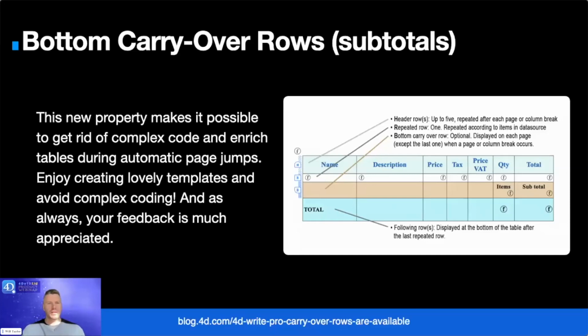And to define the content of the cells for the carryover row, a new attribute, previous items, can be used with all the available minimum, maximum, summation, etc. for collections or entity selections. So really powerful, and hopefully simple, way to add complex subtotals into your document.